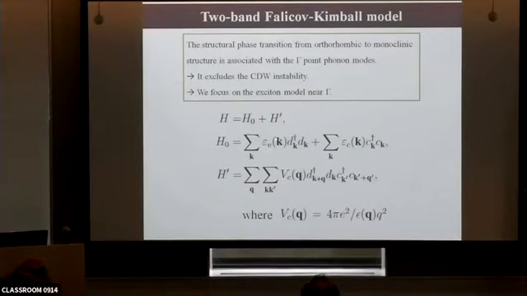Here epsilon_V and epsilon_C are the non-interacting band dispersion energy of the valence and conduction band respectively, and d dagger and c dagger are the creation operators of the valence electron and the conduction electron respectively. And here H prime is the interaction Hamiltonian, and it shows the Coulomb interaction between the valence and conduction electron. Here V_C is the screened Coulomb potential.